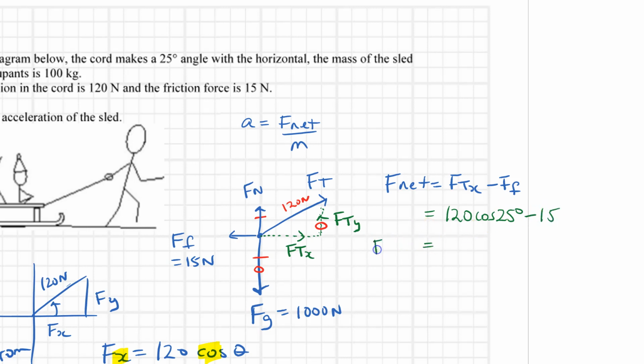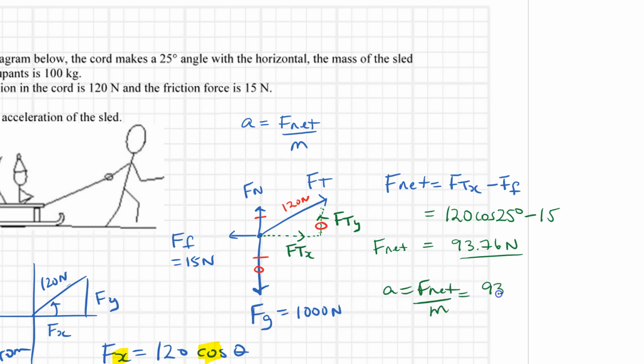When I type it into my calculator, my F net is 93.76 newtons. A little calculator tip: just leave it in the calculator because you're probably going to be using that right away. Because what is my final answer? My acceleration is equal to F net over m.